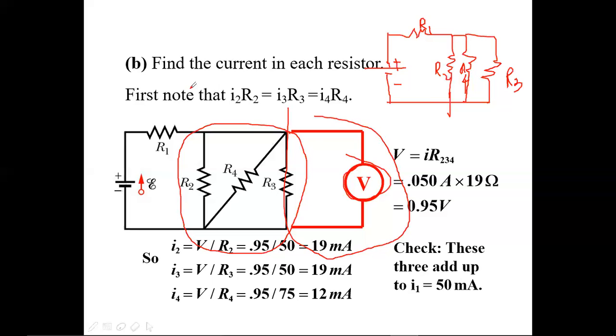Now, what he wants to know is the current in each resistor, meaning how much current in R1, R2, R3, and R4. So he wants to know the current in each branch. For that, which technique can you go for?